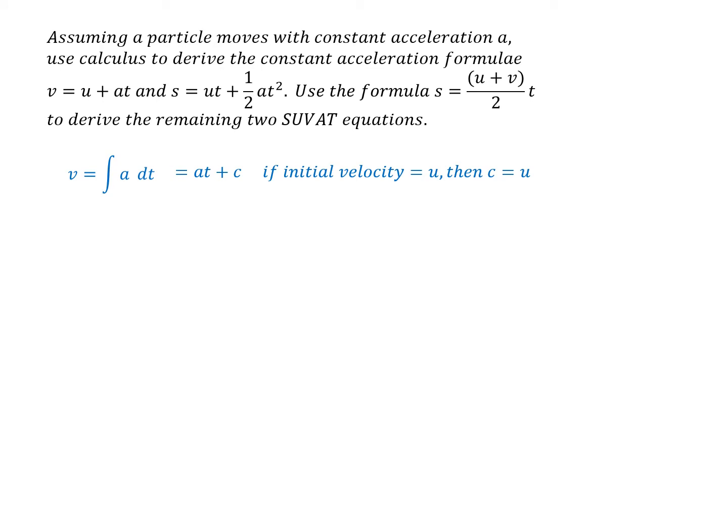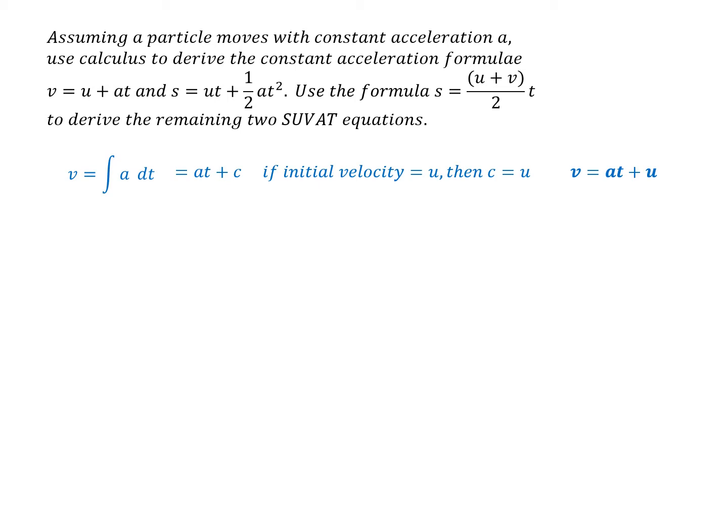And we pop that back into there, and we get v equals at plus u. So this is confirming that the integration calculus that we use for variable acceleration is consistent with suvat.